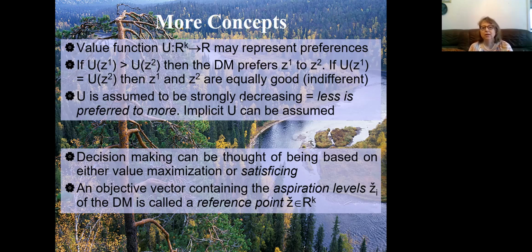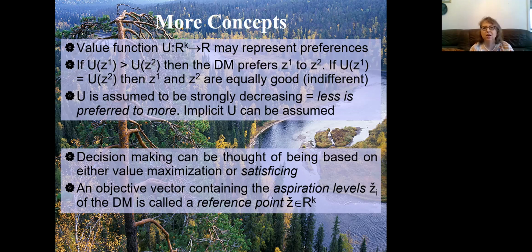It is not that straightforward, and it also might be that this function is not a global and static function, but because the decision maker's understanding grows, this function might be evolving.